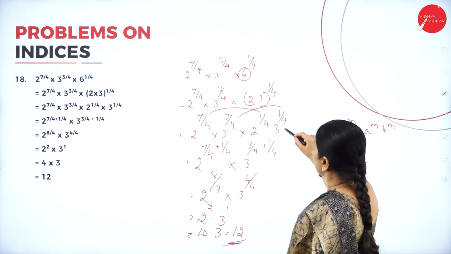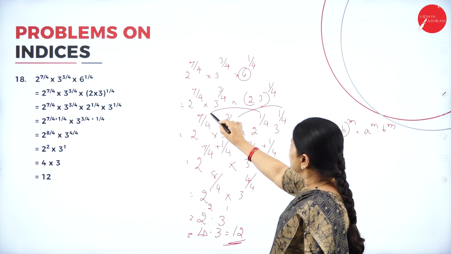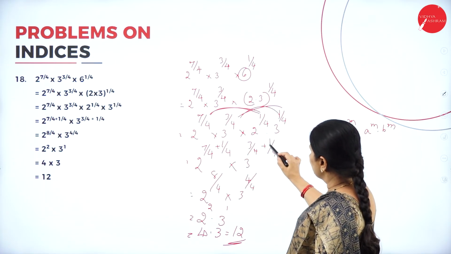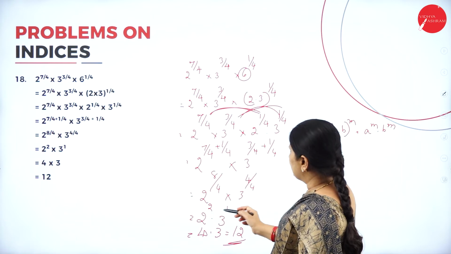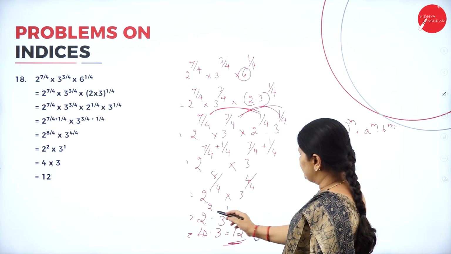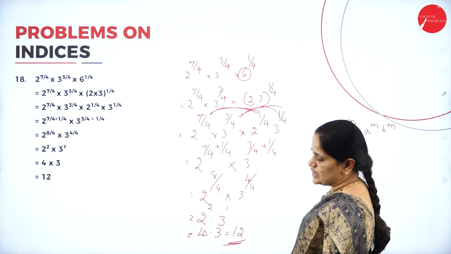Then 2 to the power of 1 by 4 into 3 to the power of 1 by 4. So I am adding these both and these both: 7 by 4 plus 1 by 4, 3 by 4 plus 1 by 4. So I am getting 2 to the power of 8 by 4 and 3 to the power of 4 by 4. So 2 square into 3. So 4 into 3 is 12.